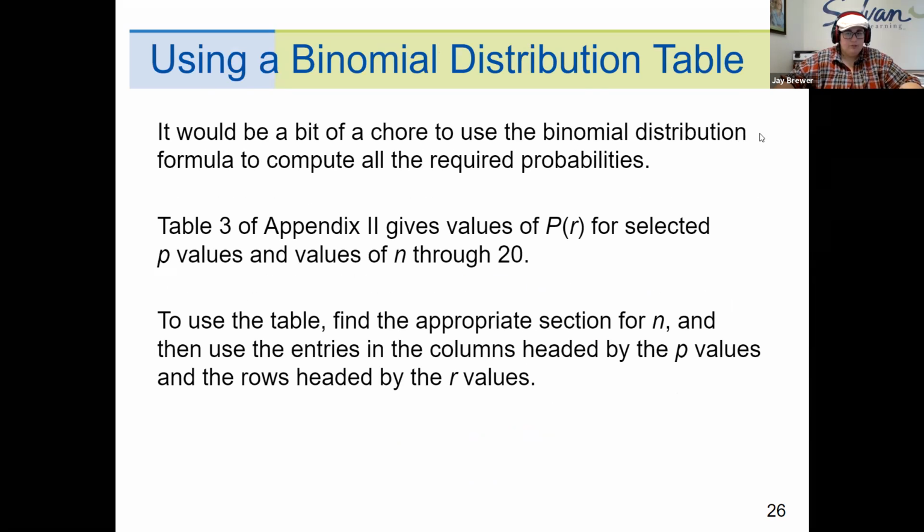It would be a bit of a chore to use the binomial distribution formula to compute all of the required probabilities. Table 3 of Appendix 2 gives us the probability values of P for R for selected P values and values of N through 20. To use the table, find the appropriate section for N and then use the entries in the columns headed by the P values and the rows headed by the R values.